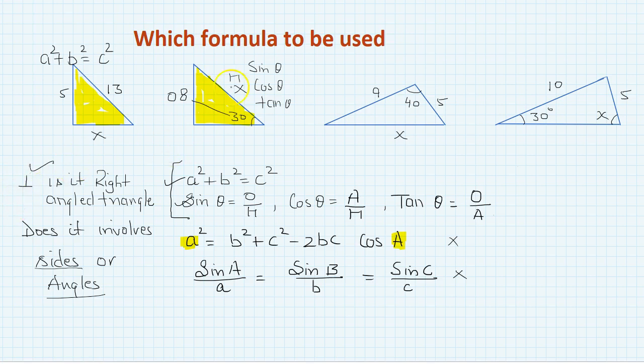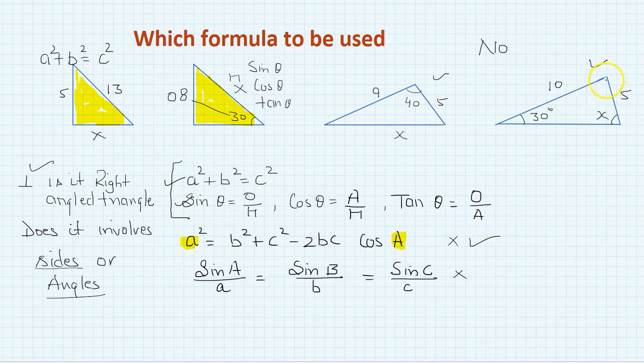Now if your answer is negative, is it a right angle triangle? If the answer is no, this is not a right angle triangle, so it may be this type or this type. Now if the angle between the given sides is given, then we are going to use the cos formula.